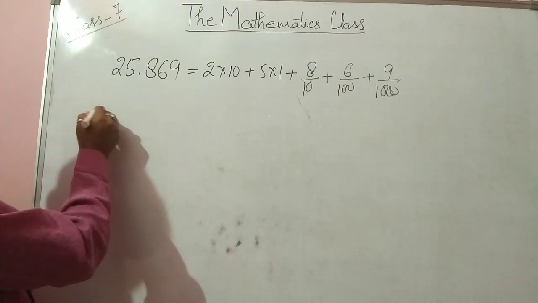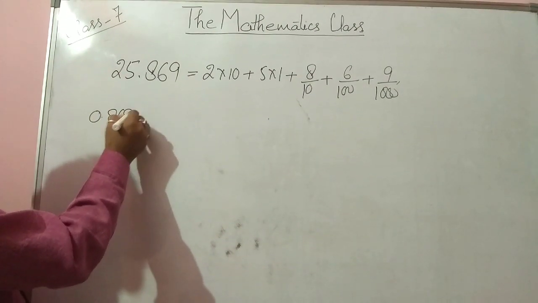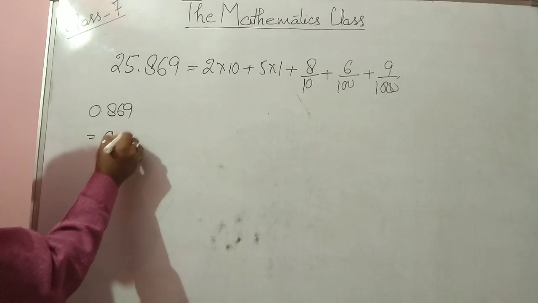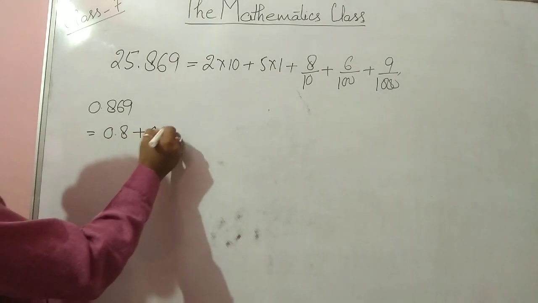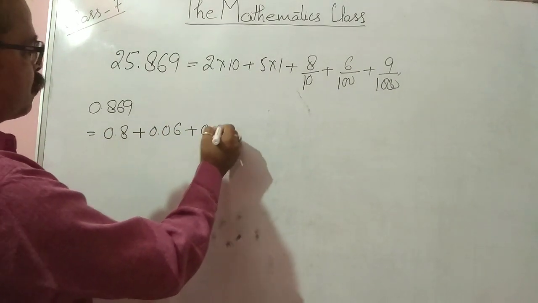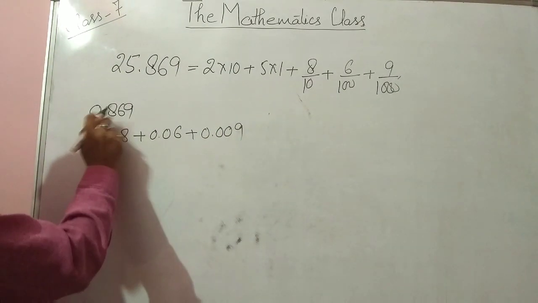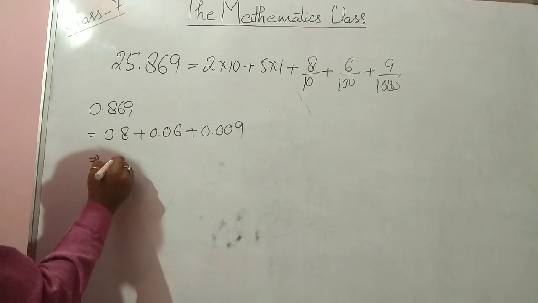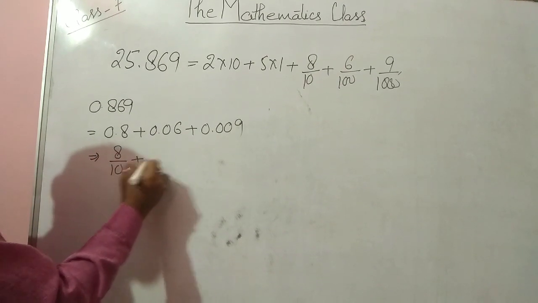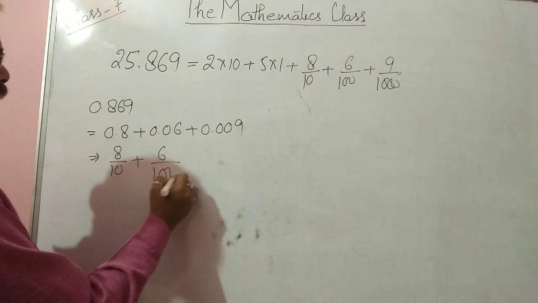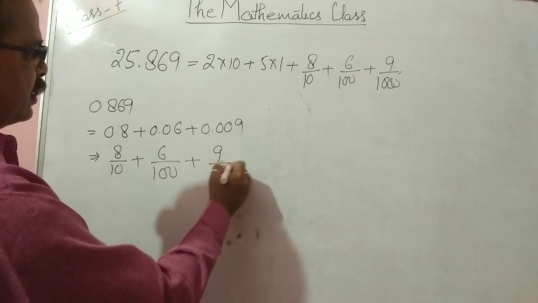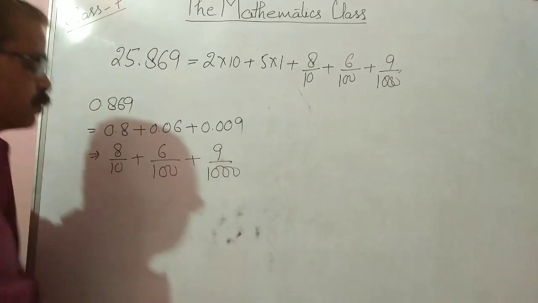Now, suppose you break 0.869. This can be written as 0.8 plus 0.06 plus 0.009. If you add them, you will get 0.869. Now 0.8 means 8 upon 10, 0.06 means 6 upon 100, and 0.009 means 9 upon 1000.